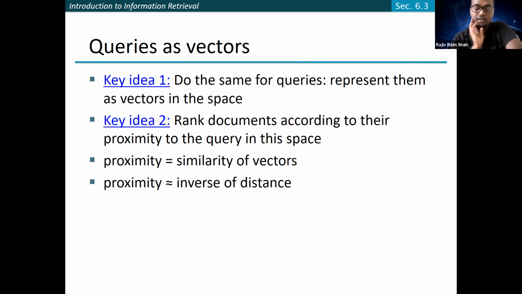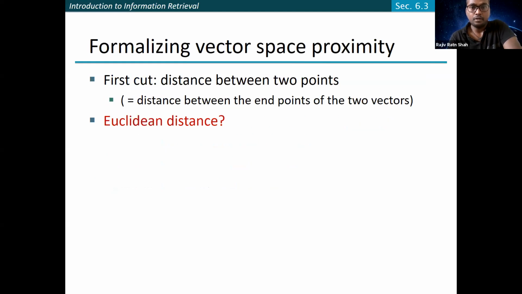Despite having a similar distribution of words, if the magnitude is different, they will be very far apart, compared to another document which may use a very diverse set of terms but is a bit closer to the query. So you may get the wrong result, as we discussed in the last class. So what could be the solution in that case?